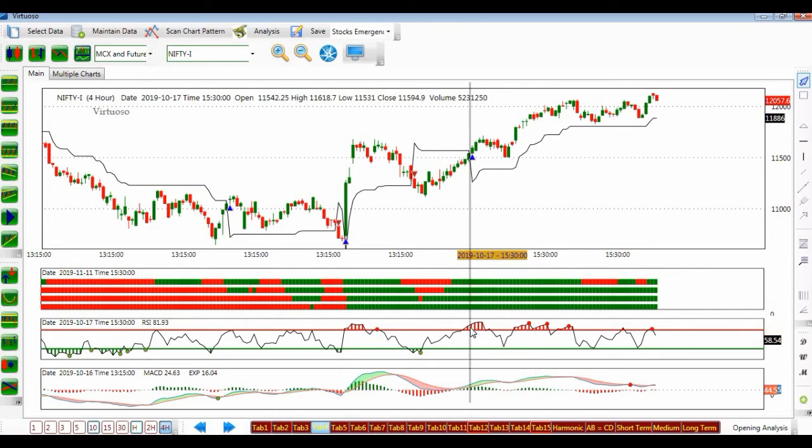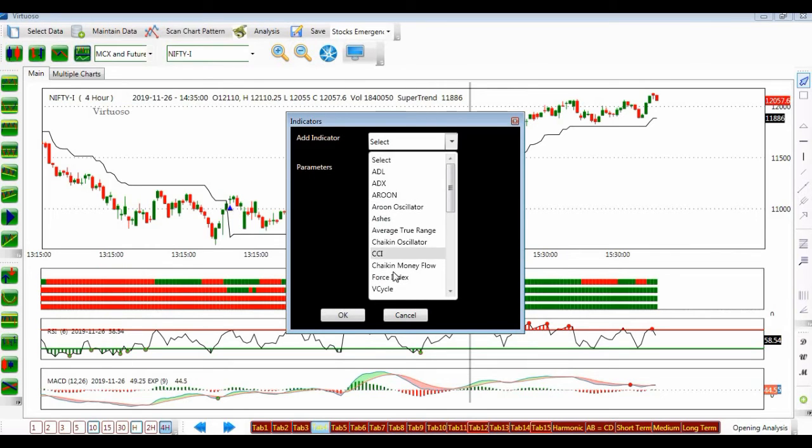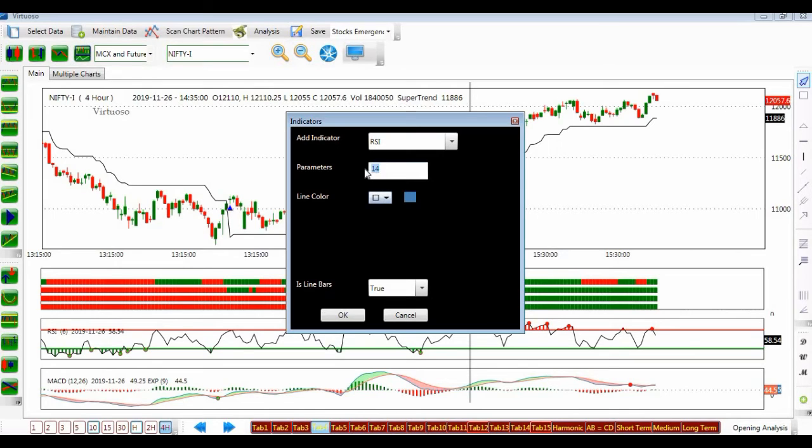Now you set your RSI parameter to 6, and you can give any color to this. Now for the people who are following RSI the standard way, what people do is whenever RSI moves to 70 or 80, people start selling.